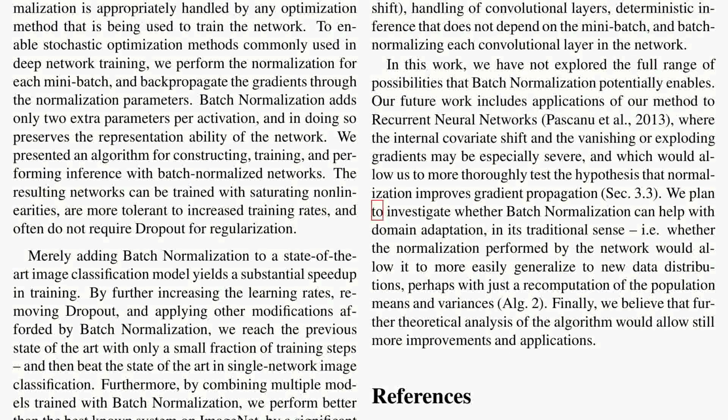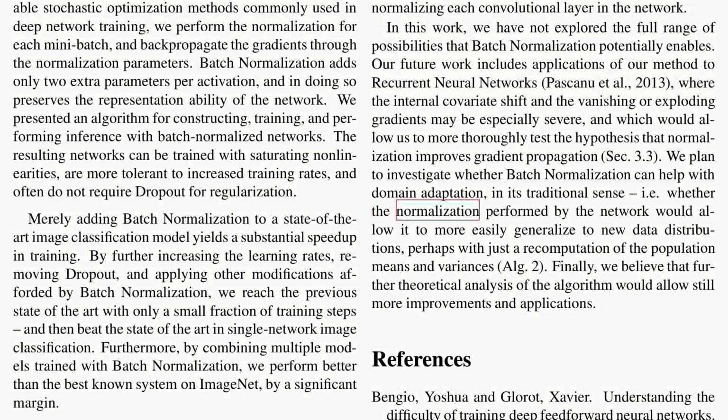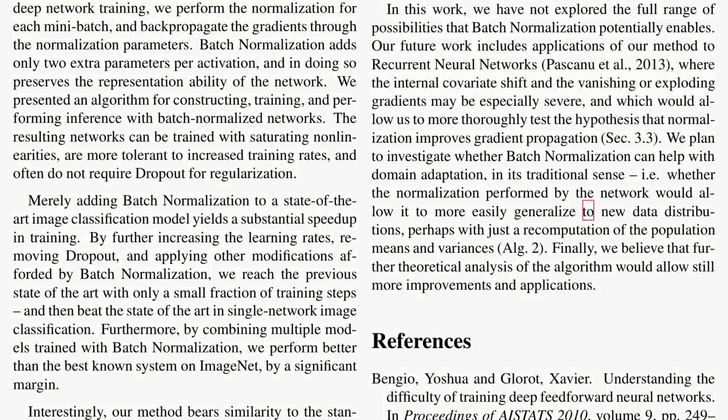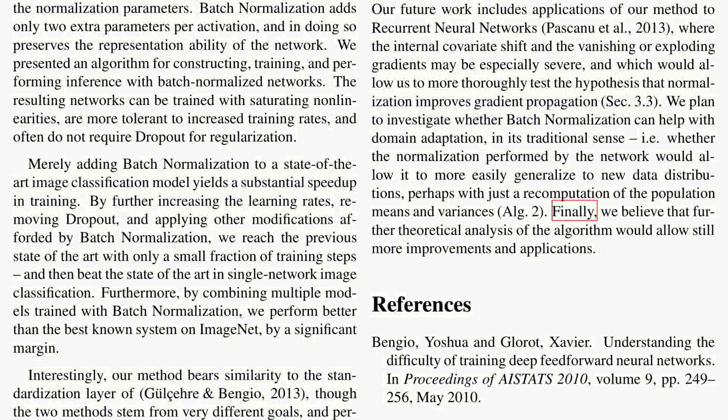We plan to investigate whether batch normalization can help with domain adaptation in its traditional sense, i.e., whether the normalization performed by the network would allow it to more easily generalize to new data distributions, perhaps with just a recomputation of the population means and variances.